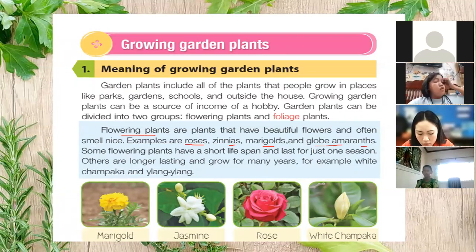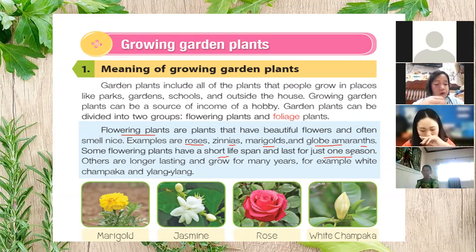Some flowering plants have a short life. Actually, all plants have different periods of life. Some plants have a short life. Some plants have a long life. So short lifespan plants last for just one season. Those flowering plants which have a short life mostly just last for one season, not more than one season.